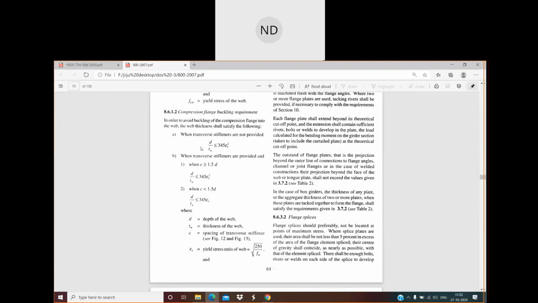Epsilon f is nothing but the yield stress ratio of web, which is root of 250 by Fy.